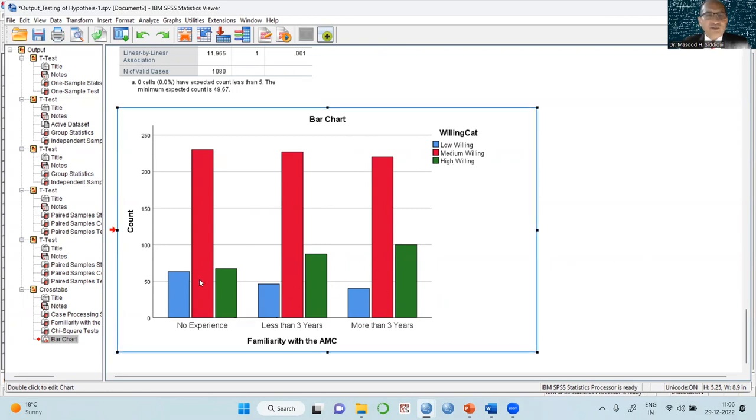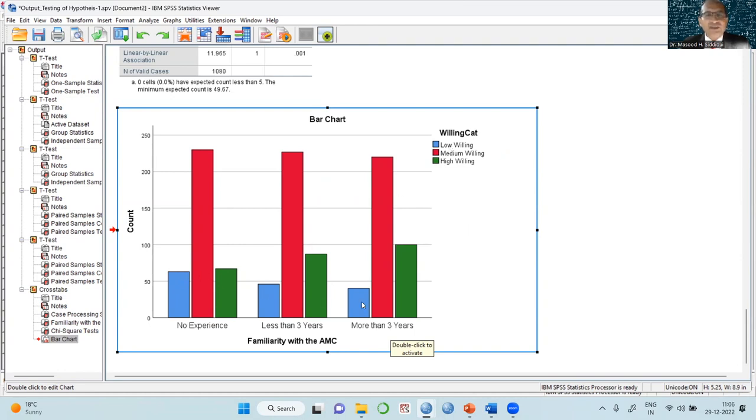Now, if we compare, these blue bars actually represent the low willingness. So as we go from no experience to high experience, these blue bars decrease. Means we can say as the familiarity increases, the low willingness decreases, right? Remember what I am saying, that as we go from no experience to more than 3 year experience, and if we observe this blue bar, so blue bars are representing low willingness.